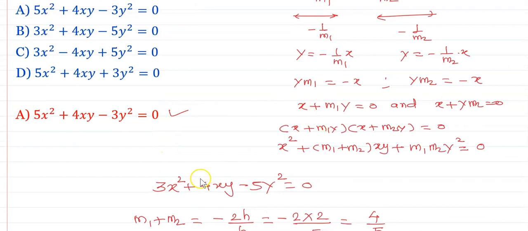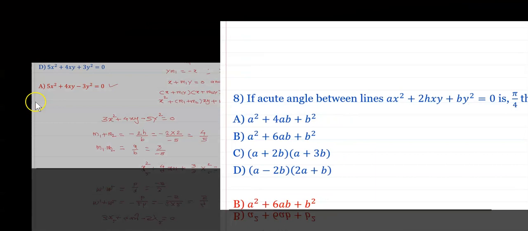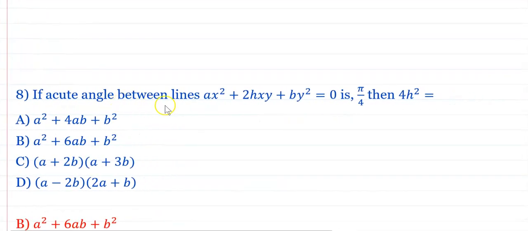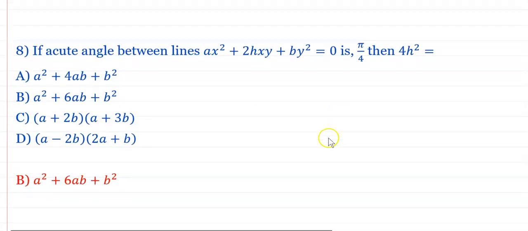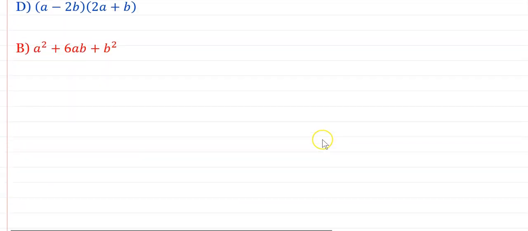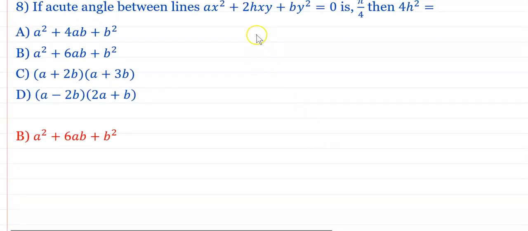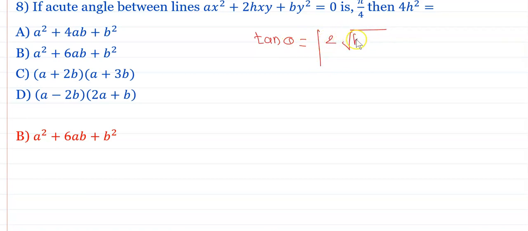Okay. Now the next, if the acute angle between lines ax square plus 2hxy plus by square is equals to 0 is pi by 4, then 4h square is equals to, very simple. What about here? The acute angle, that is, tan theta is equals to mod of 2 root of h square minus ab upon a plus b.